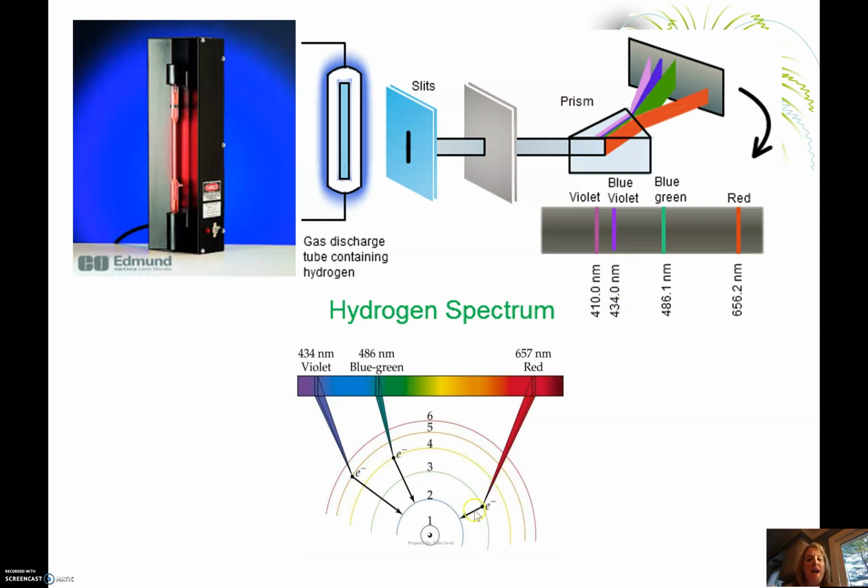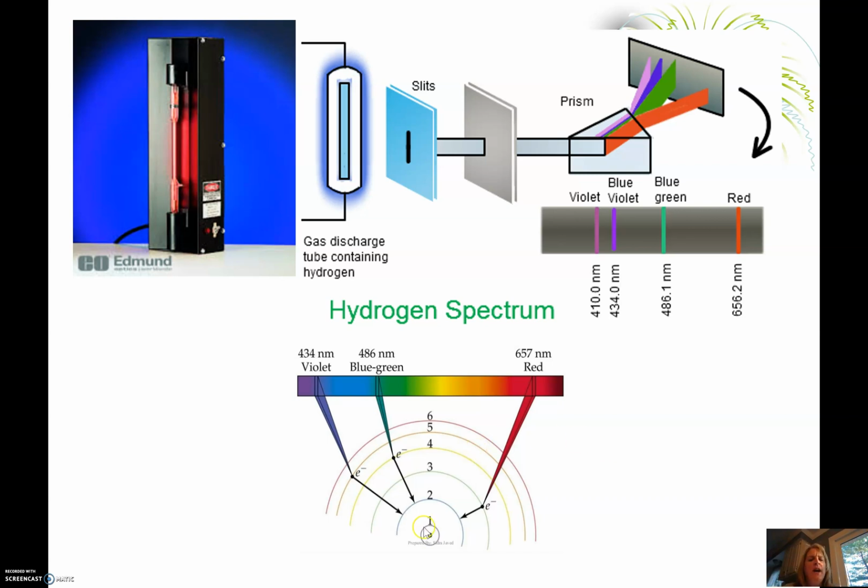So in fact, when we see red, it's a fall from level 3 to level 2. And when we see that green color, it's a fall from level 4 to level 2. And so these transitions, these movements of the electron from an excited state down to a lower state are releasing energy, and that energy we see as light, which is really cool.